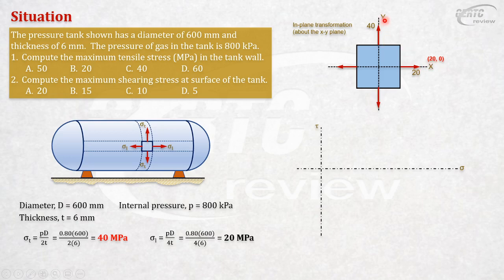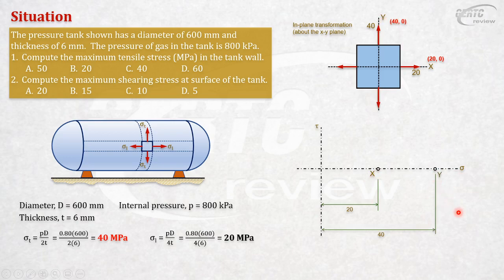The point Y is 40, 0. 40 is the normal stress, 0 the shearing stress. So we will plot X and Y. This will be your X, 20, 0. And your Y is 40, 0. Somewhere here. So that is your Y.